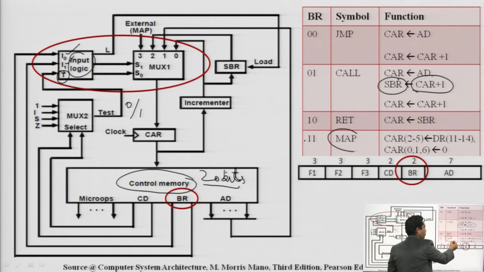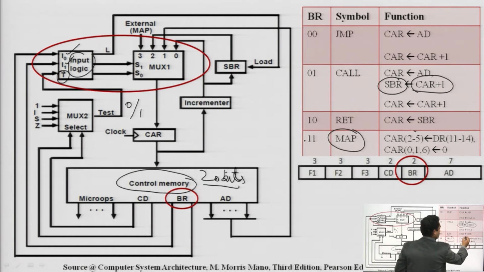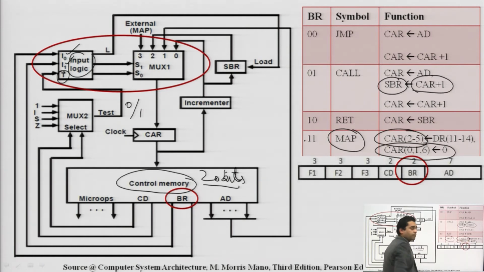When we don't have a particular micro instruction related to our opcode, some external map concept is used, which bifurcates our code, like IR is divided into the 3 fields. In the same manner, this code is divided into the address, and then we talk about the other bits.